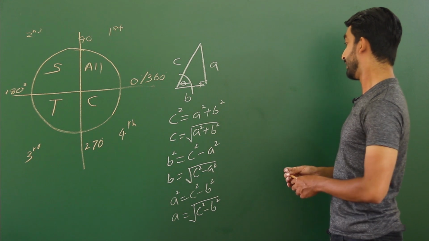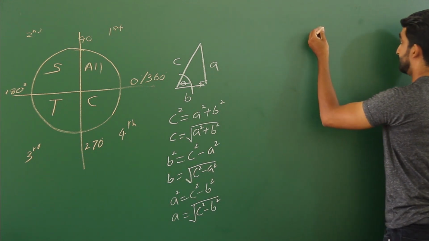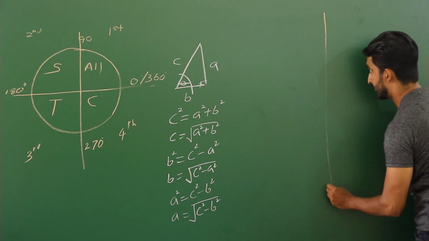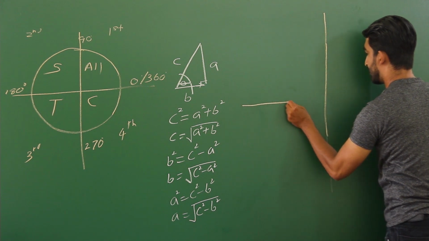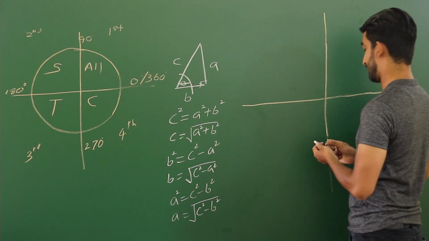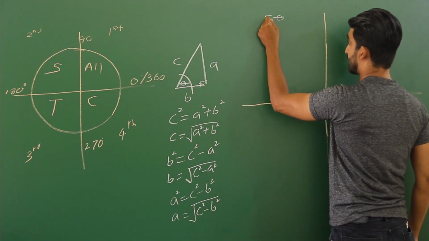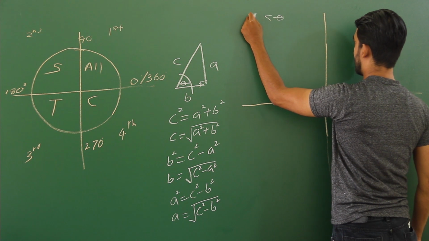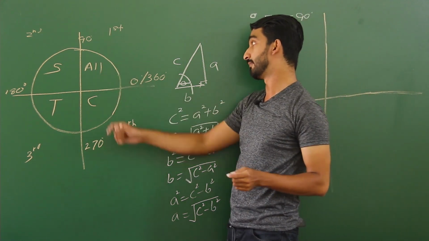Now when you are given a value, let's say something between 0 and 90, which is the first quadrant, everything will be positive.